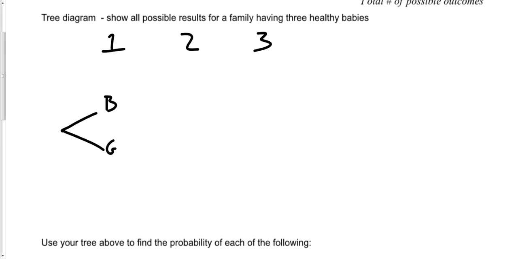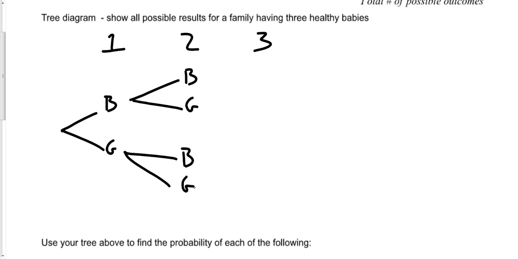Once you've had baby number 1, you decide you want a second child. Your second child could be either a boy or a girl. Or if your first baby was a girl, your second child could be either a boy or a girl.